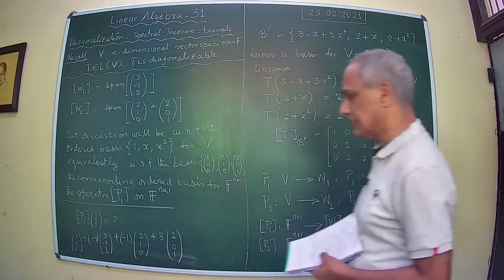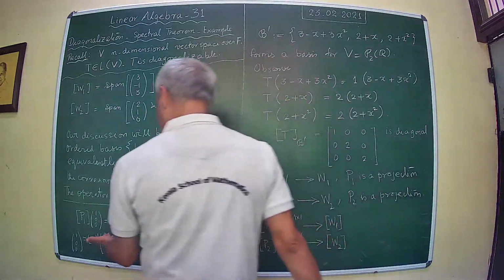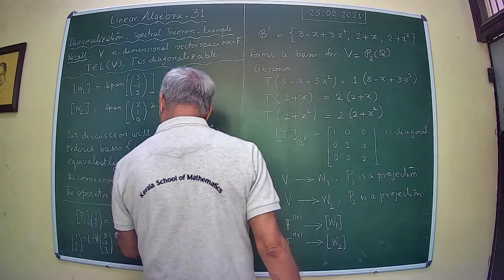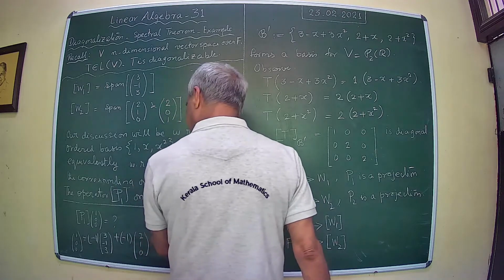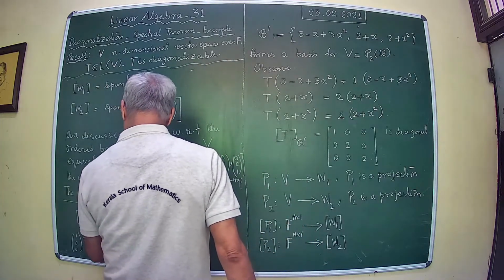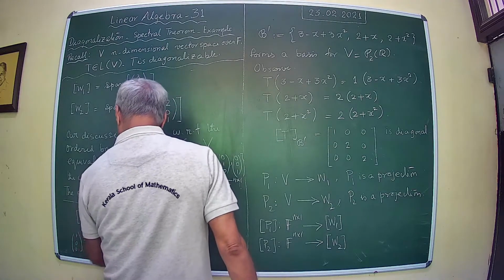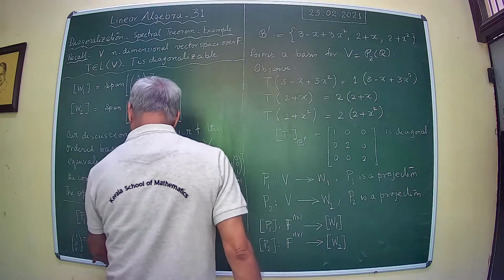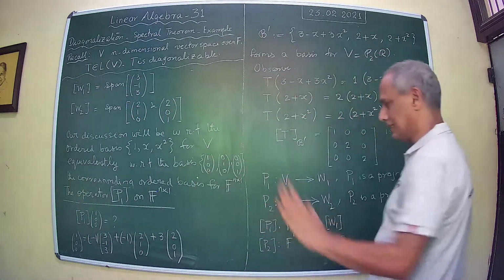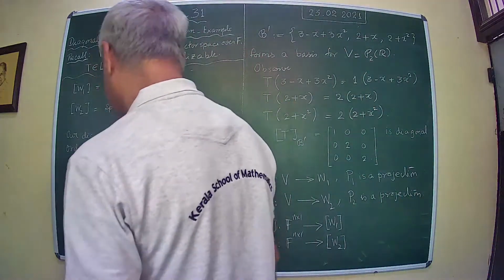You can check this quickly. I'll check this for you. Minus 3 minus 5 plus 6 will give you 1. 1 minus 1 is 0. Then minus 3 plus 3 is 0. So it checks. This is a unique breakup along these vectors.